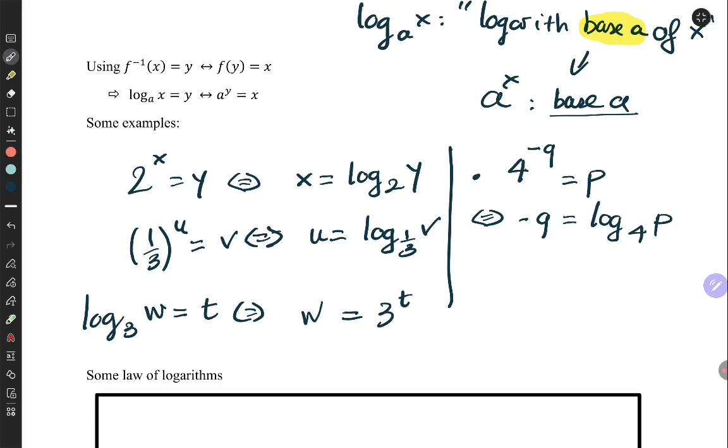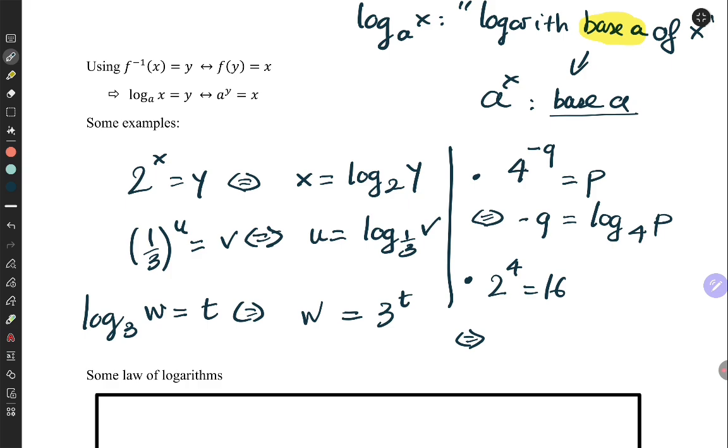Any question? You want to use actual numbers. Two to the power 4 is 16.